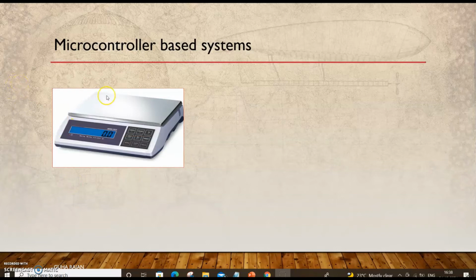Similarly, you would have seen this in the shops. This is a digital weighing balance, and this one does have a microcontroller which is designed to get the weight and then display it in the digital format.